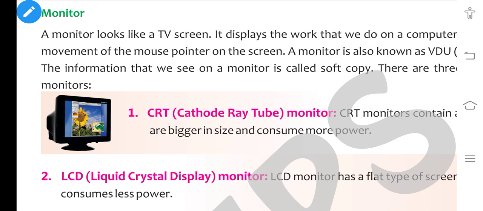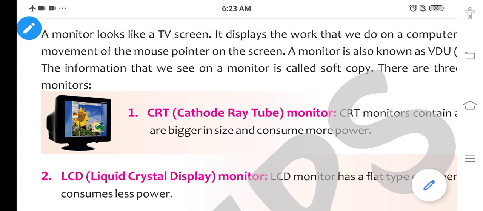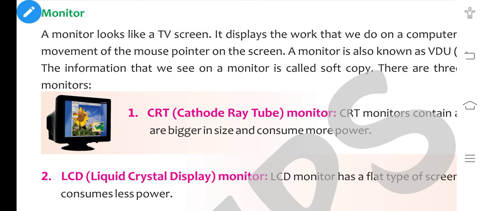A monitor is also known as VDU. The full form of VDU is Visual Display Unit. Whatever work we are doing on the computer, we can see the result on the monitor, and whatever results we can see on the monitor are called soft copy.